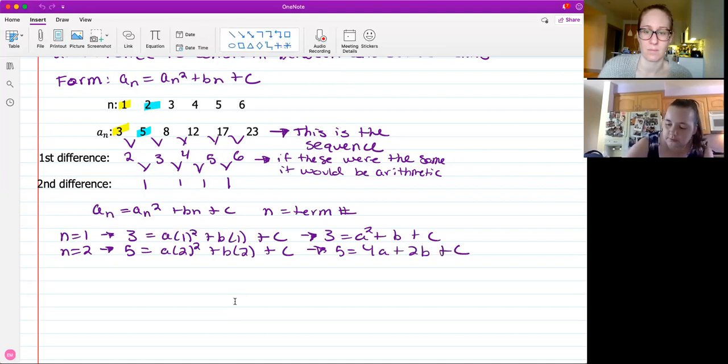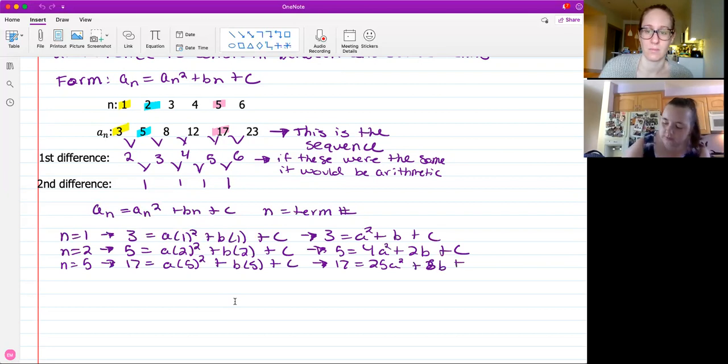And then just for fun, let's do n equals 5. So we're going to get 17 is equal to a 5 squared plus b5 plus c, which we get down to 25a plus 5b plus c.